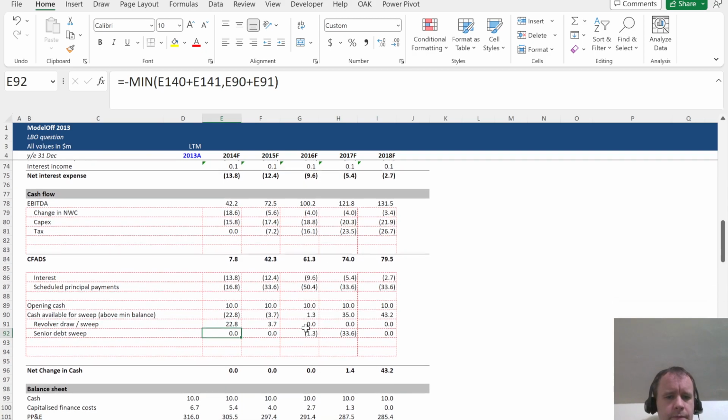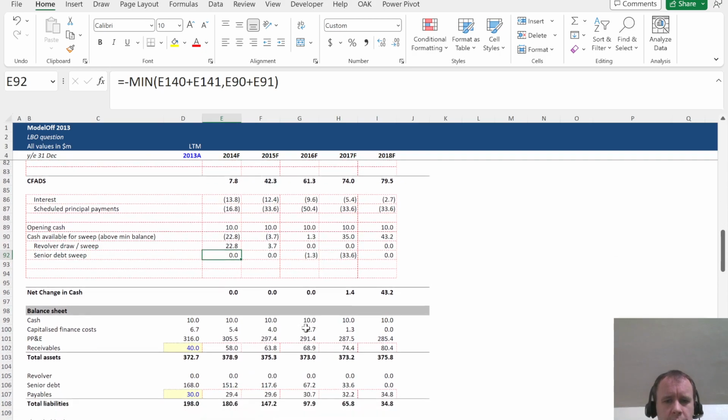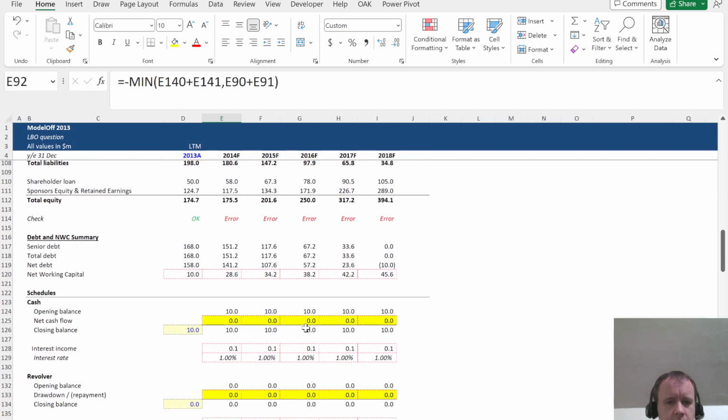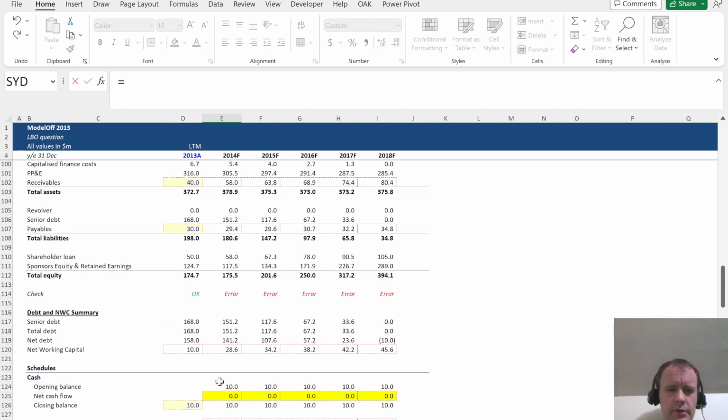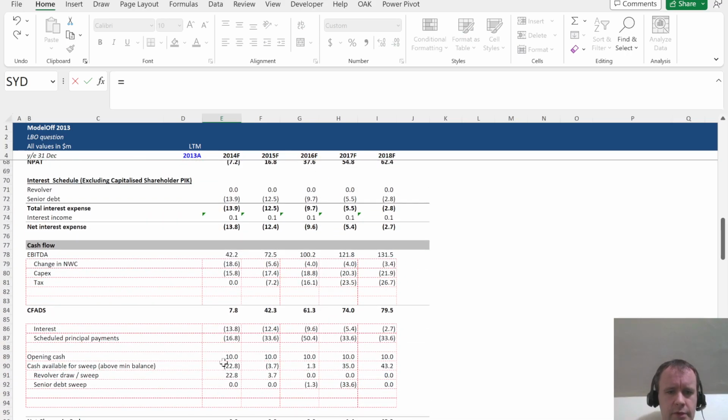Okie dokie. I think that is working correctly, and then I just need to link things through. So I'll do net cash flow last, so my drawdown repayment. Let's grab that. To swap the sign.